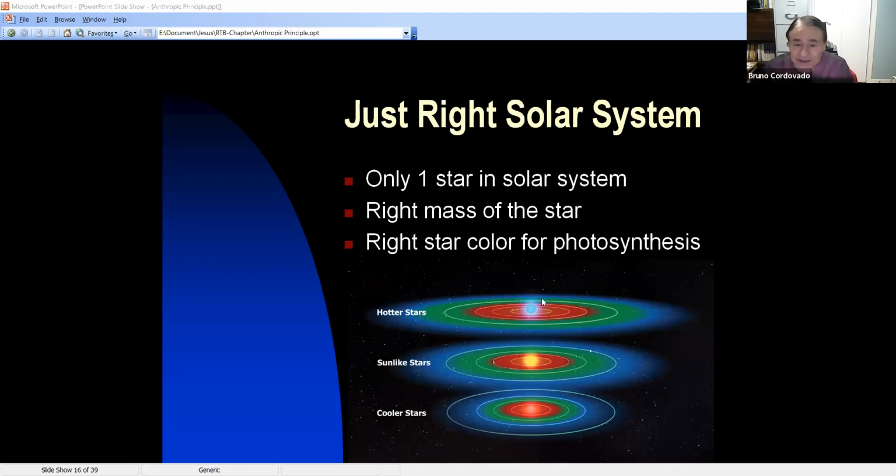And so you need a yellowish color in order to have enough light that produces photosynthesis. So any color other than yellow would not have enough photosynthesis.